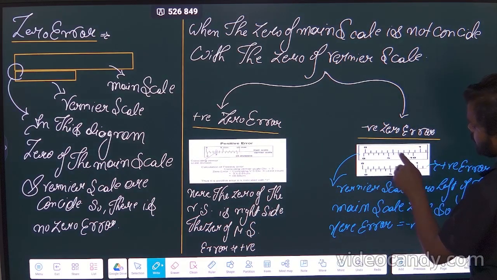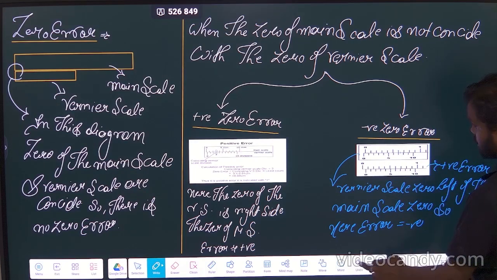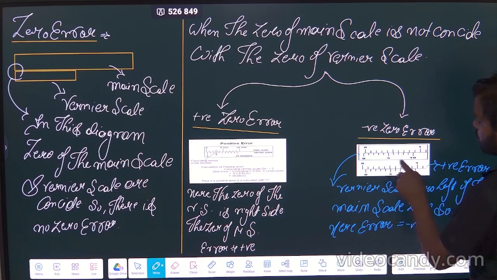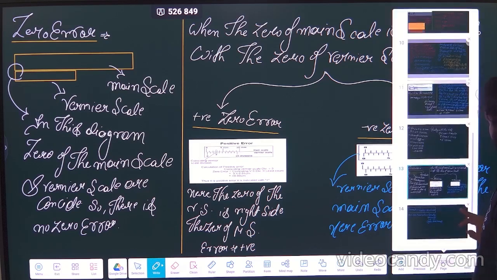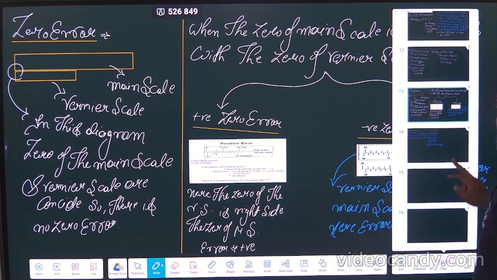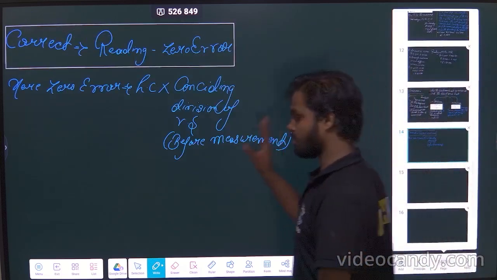Let's see, 5, 6, 7, the seventh division is coinciding with the main scale. So 7 into 0.01 gives a negative zero error of minus 0.07 centimeter. So that is about the zero error.